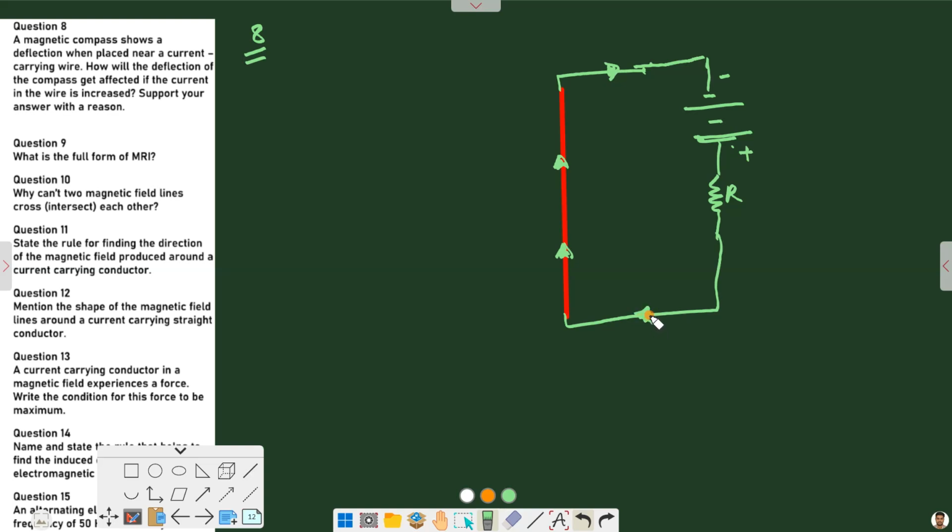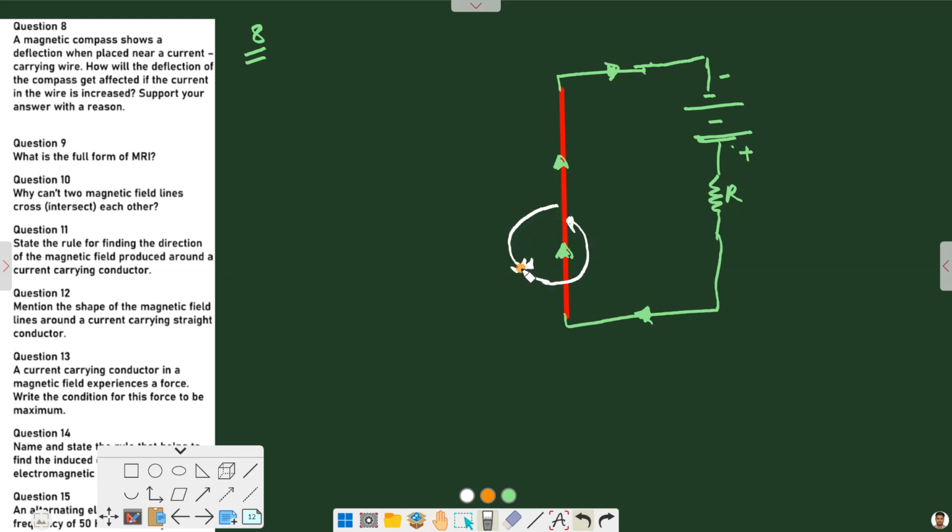Now if you use the right hand thumb rule, then you will find the direction of the magnetic field. Here the magnetic field will go to the back of the wire from the right direction and will come to the front from the left direction.